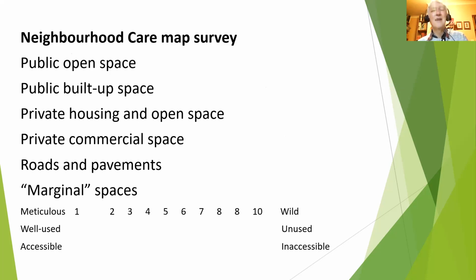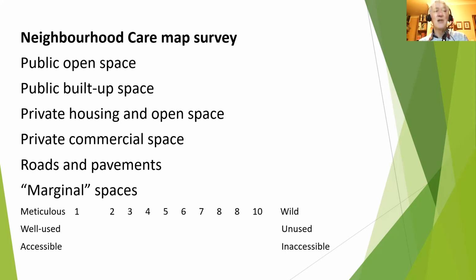And in a neighbourhood, you might look at the amount of public open space, public built up space, where it's actually built up but people are allowed in, private open space, private commercial space where people aren't allowed in, or they're only allowed in under very strict circumstances.